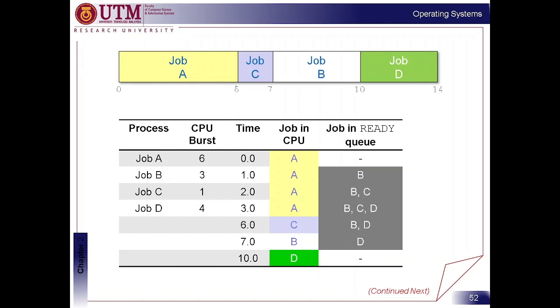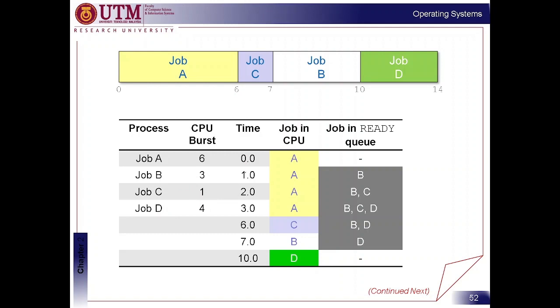Right now the time is 6: process B is available, process C is available, and process D is also available.